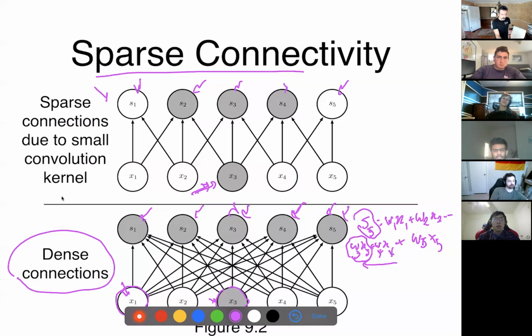The same for H3: X2, X3, X4. And H4 sees H3, X4, and X5. As a result of this hierarchy, the whole input data reaches this output G.